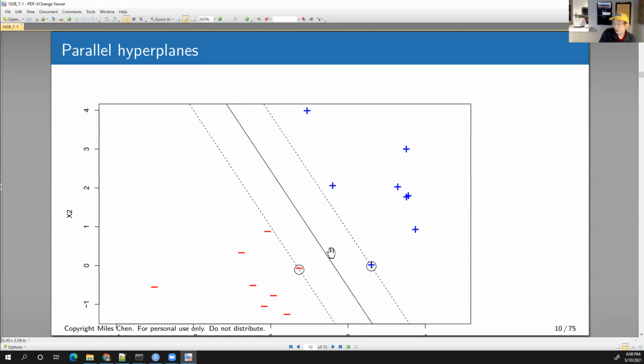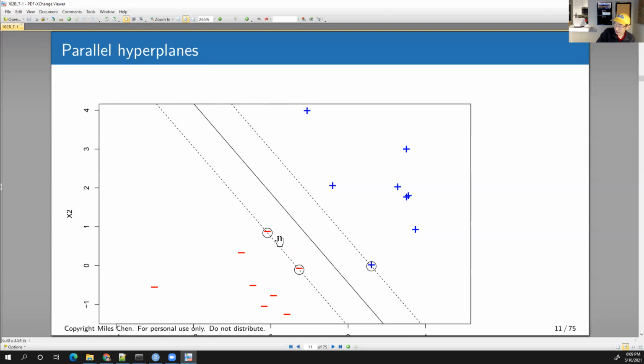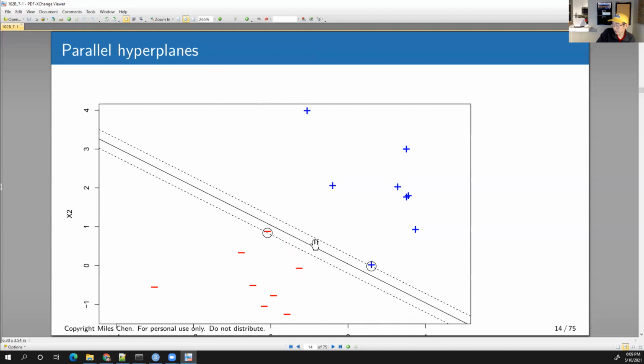Okay, and I can keep drawing other hyperplanes. Like this one is also 2 lines that are separated, and this one runs into here, and they're separated, but at this point the margin between them is quite narrow, right?